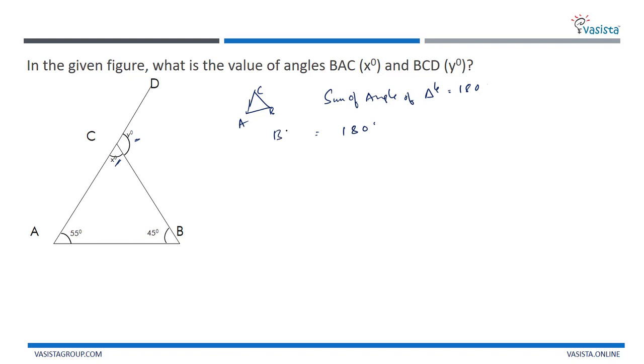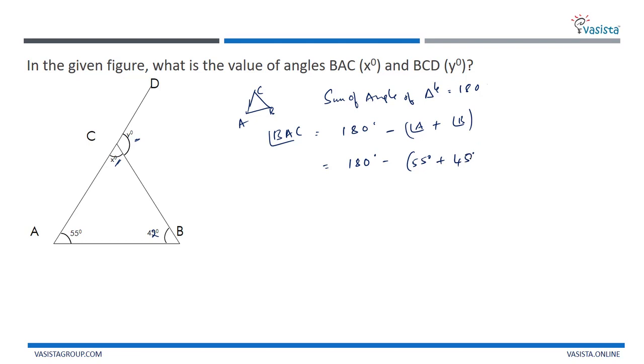Angle BAC we need to find out, which is nothing but 180 degree minus angle A plus angle B. So 180 degree minus, angle A is 55 degree plus angle B is 42 degree, right?